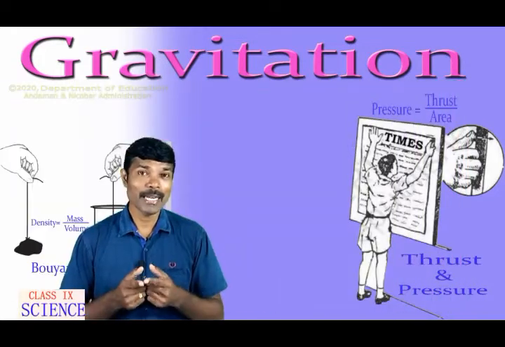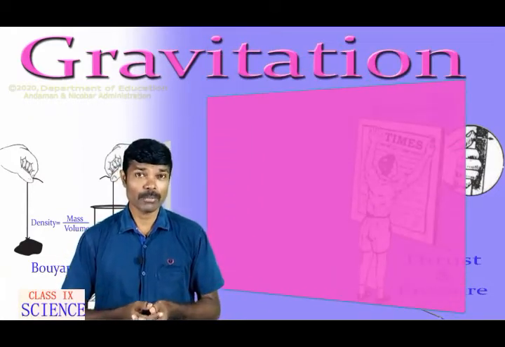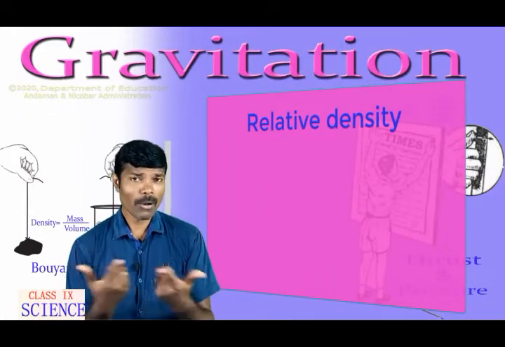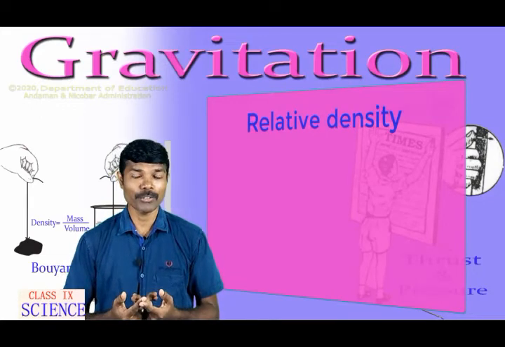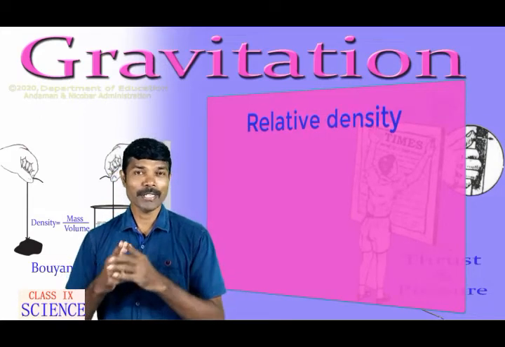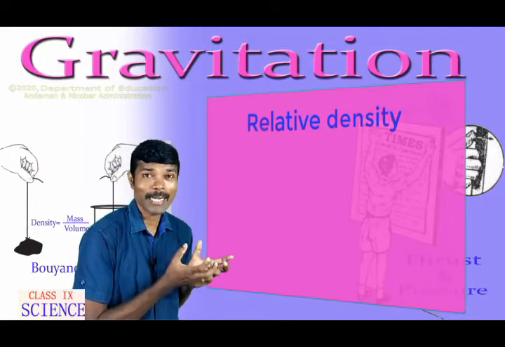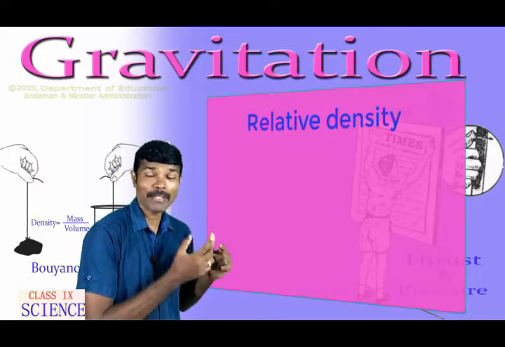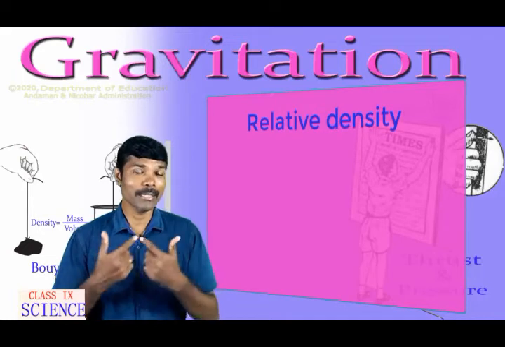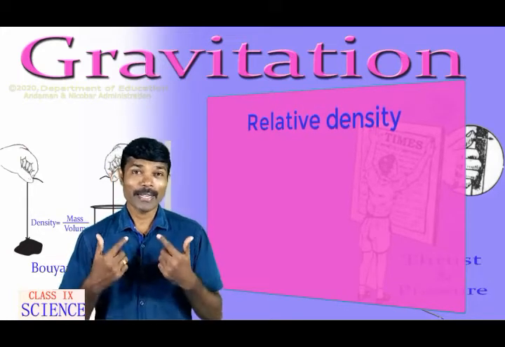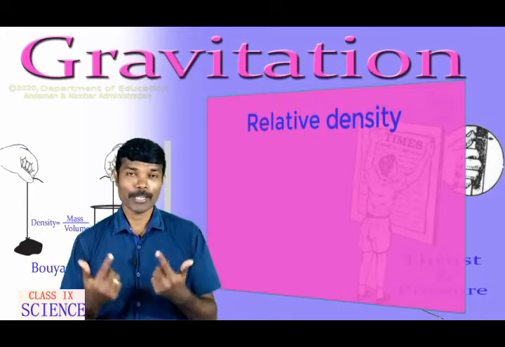Now we will see relative density. It is not at all possible to find the density of all the substances that exist in the universe. In order to find the density of other substances, we compare with the density of a standard substance, and with reference to that we find the density. So we find the relative density of other substances.